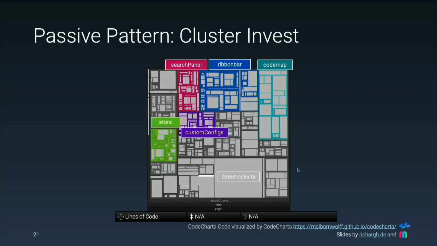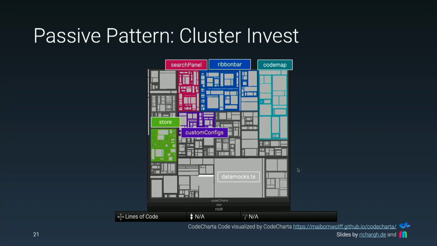Unfortunately, I cannot do this for a real customer project. And if I do this for small toy examples, the map is going to be looking very sad. So I did this for CodeKata, where it looks like this. And you can see CodeKata is kind of about, well, search panel and storing stuff and everything like this. And now you just have to sort of do the transfer yourself and like, okay, how would the map of my code look like?